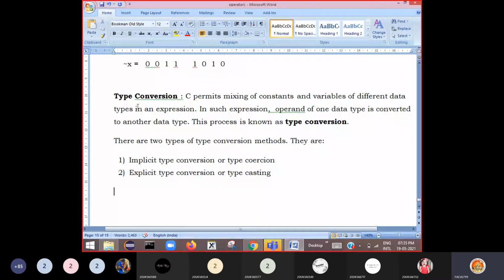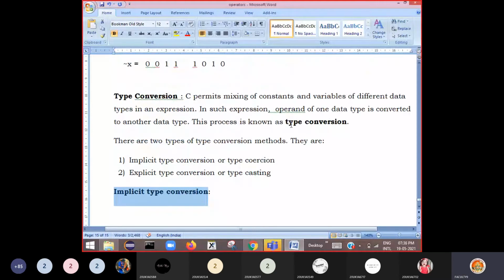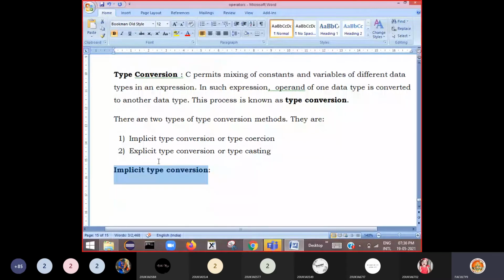Today we discuss implicit type conversion. Converting one data type variable into another data type is called type conversion, and it is of two types: implicit type conversion or type coercion, and explicit type conversion or type casting.